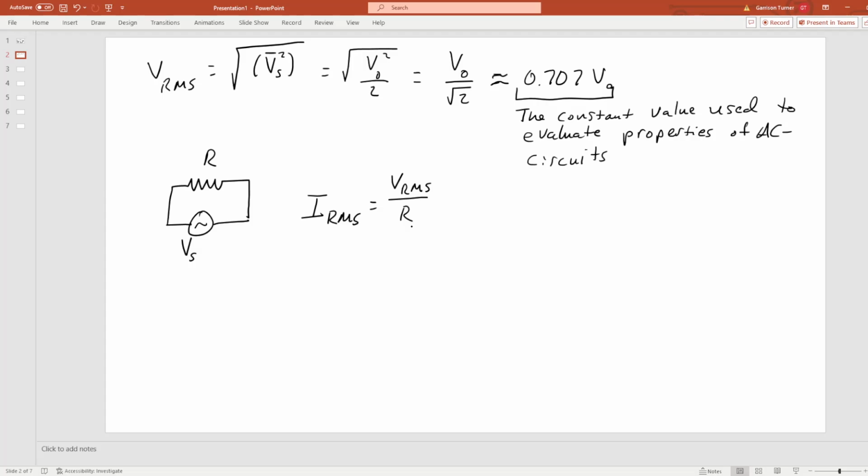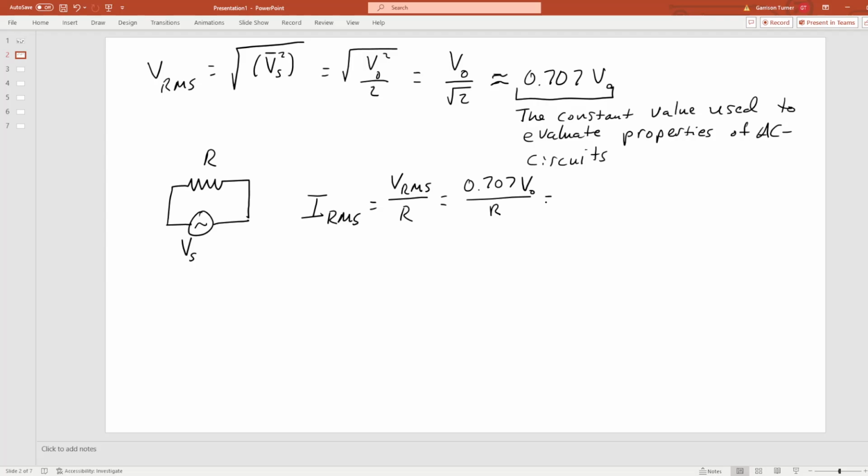Okay, so this is how you calculate RMS values. And by the way, V RMS is 0.707 V naught, or the same thing as 1 over square root 2.